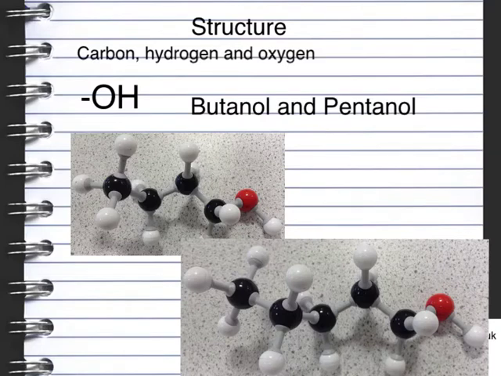And finally we've got our pentanol, so again the OH group, and then 1, 2, 3, 4, 5 carbons in our chain, so the pent for the 5, and then all the hydrogens, so 2, 2, 2, 2 and then 3 on the end there.